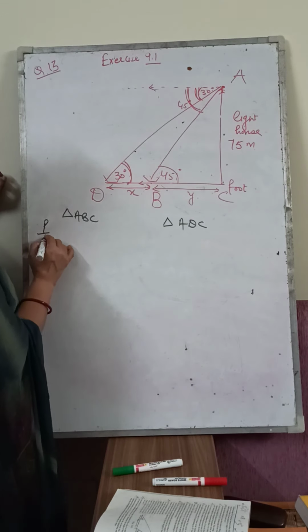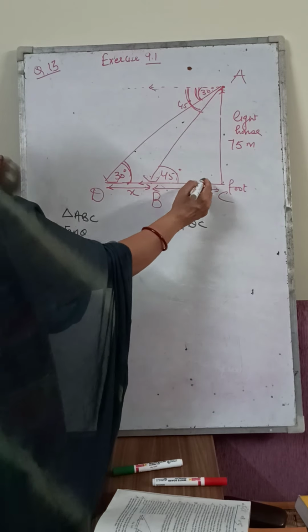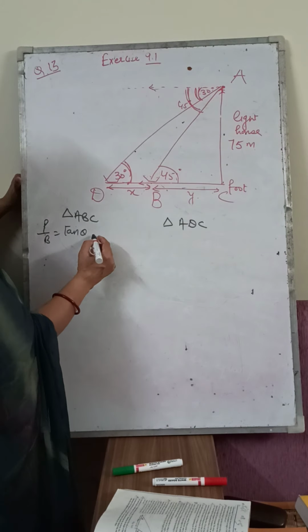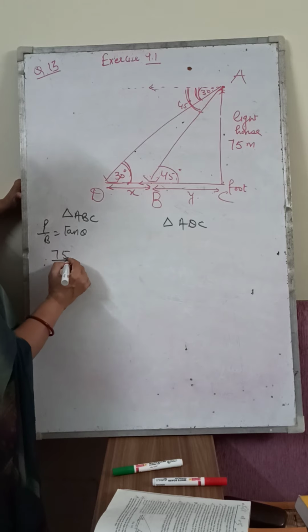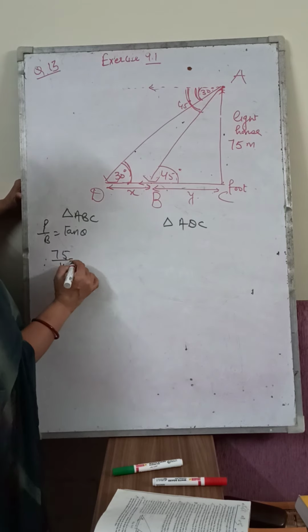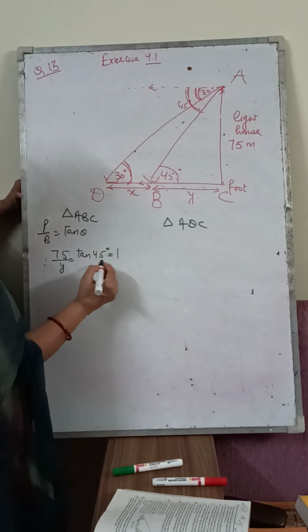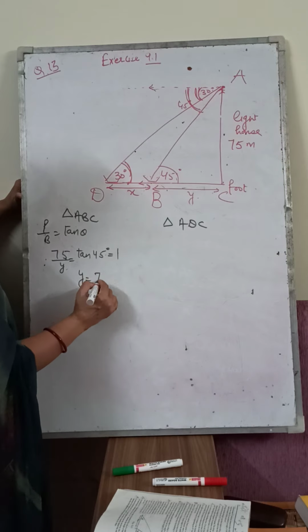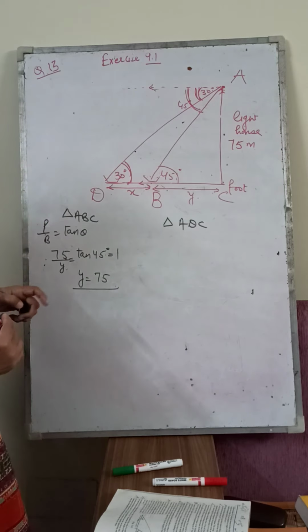You know P upon B is equal to tan theta. Yeah, you can say the side opposite upon side adjacent also. That is also correct. Perpendicular is 75 upon base is y is equal to tan 45 degree. Tan 45 is 1. Take y to that side. y is equal to 75 meter.